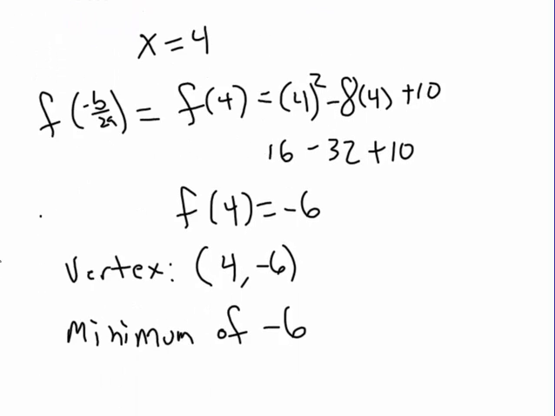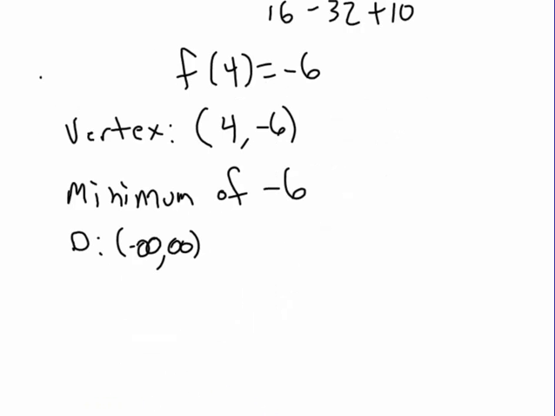And the domain, as we've discussed, is going to be all real numbers, so negative infinity to infinity. And my range, since it opens up, I'm going to start at negative 6 and go all the way to infinity.